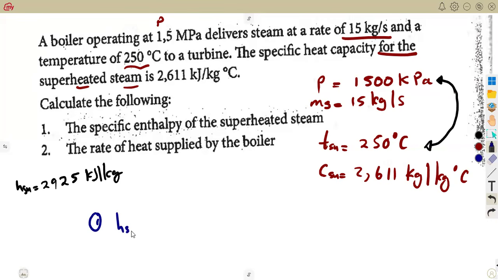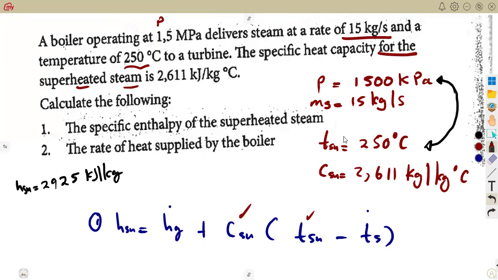Our H sup was going to be, remember our formula? That's Hg plus the specific heat capacity of the superheated steam times T superheated minus Ts of the saturated steam, where Hg and this Ts are given from the given pressure, 1,500. So let's substitute our values and see.